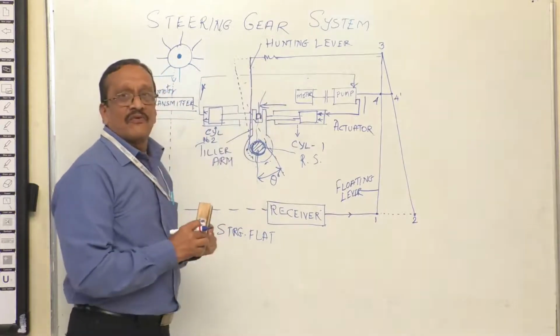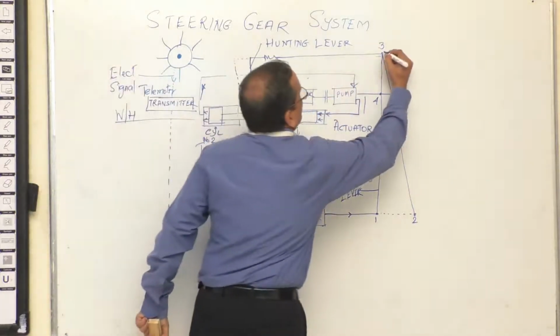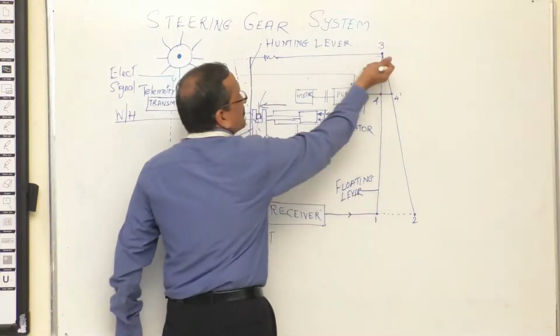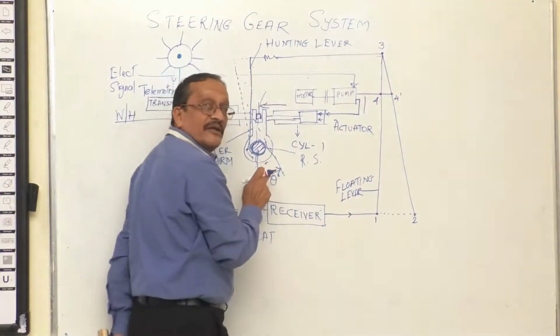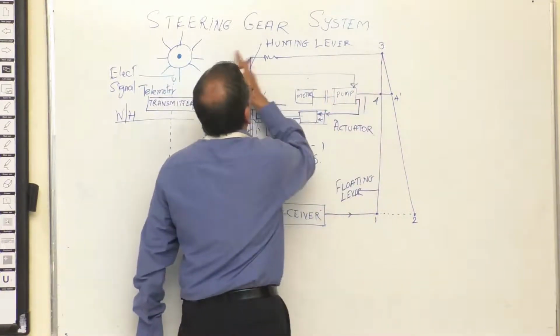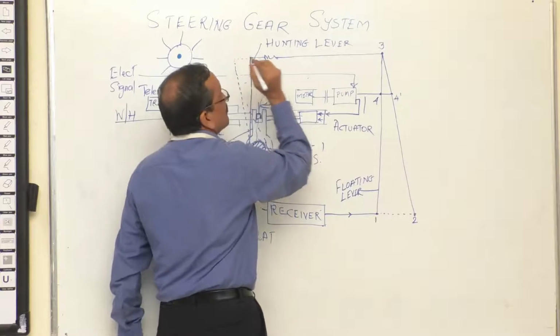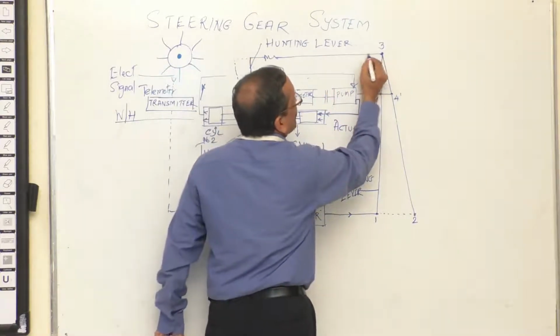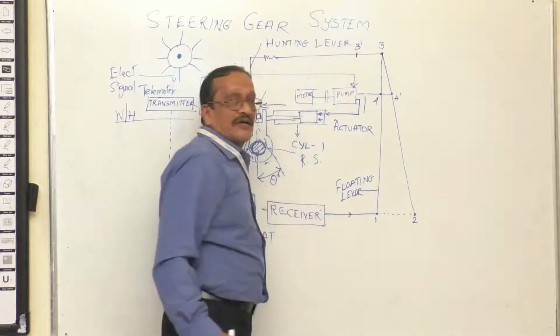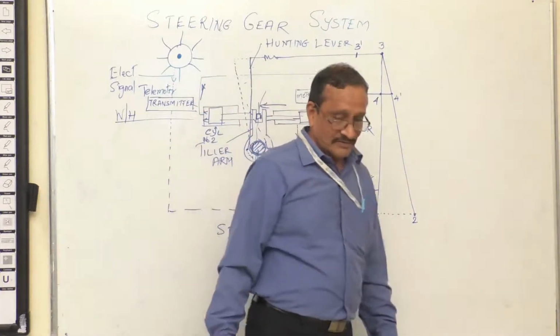While doing so, what really happens is, since this point over here has been fixed, this is being pulled. Why? Because it has already reached the desired angle. So this particular hunting lever has reached its position over here. This point 3 is being pulled towards a new position called 3 dash.